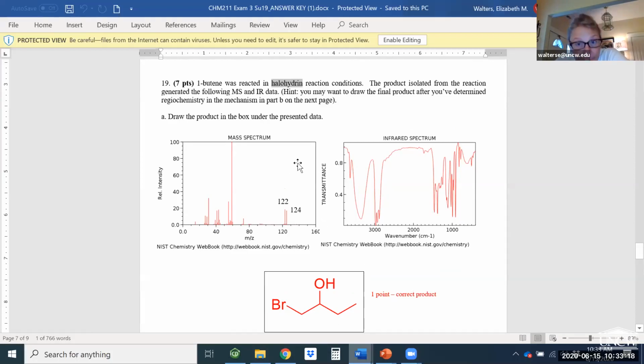But in theory, this question could be answered without that word, because you'd still come down here to get the bromine and over here to get the hydroxide, and then you would hopefully link that as a halohydrin, and then that word becomes a moot point. But it's still kind of early, so it's a little nudge in the right direction. But yeah, that's kind of where the IR and mass spec will be. And like your questions related to that, it wouldn't necessarily be theory of IR or mass spec anymore, it's gonna be application.